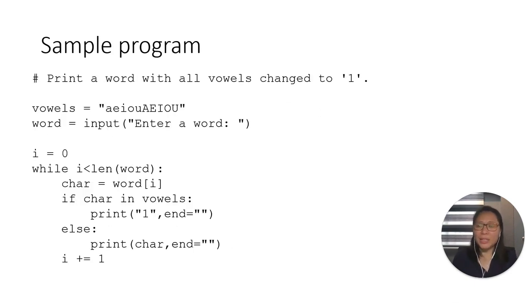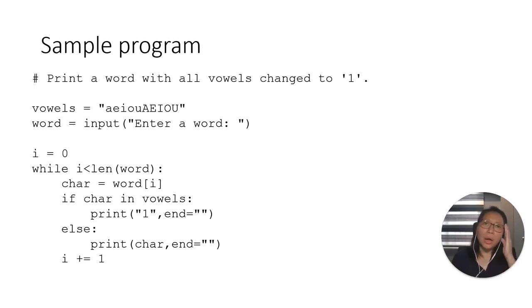Let's take a look at this sample program. This program prints a word with all vowels changed to the character 1. So we have the vowels here, and then we request for input, and then we use while. If we use while here, we start with index 0, and then we get the value stored in index 0, and so on.